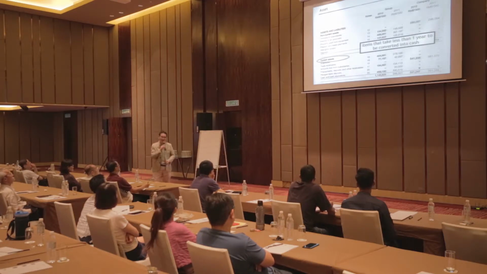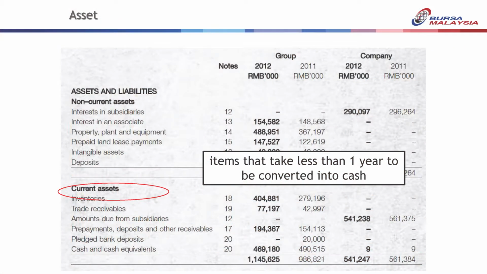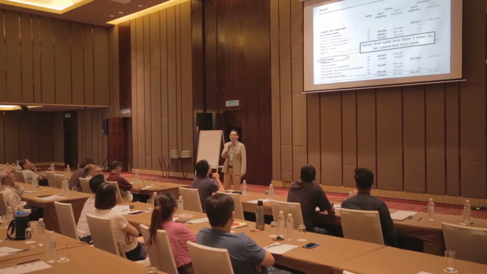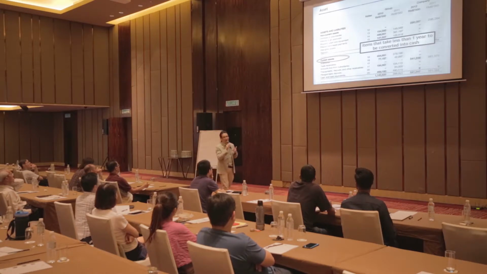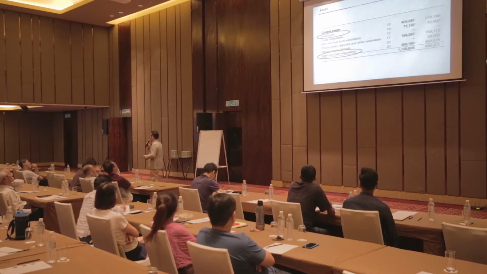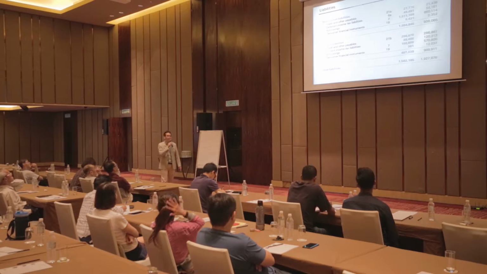Then you have current assets. Current assets are items that within the next 1 year will become cash. That is called current. So of course, it includes cash. Cash is cash. Or items whereby within the next 1 year, they will all turn into cash. This is called current assets. Liabilities are the same.